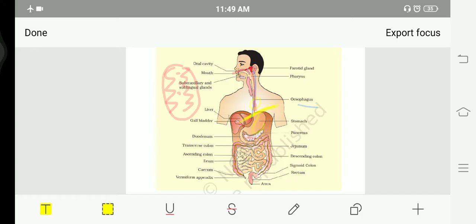The bolus enters the pharynx by deglutition or swallowing, then enters the stomach through the esophagus. The esophagus performs peristalsis, and by this movement the bolus enters the stomach.